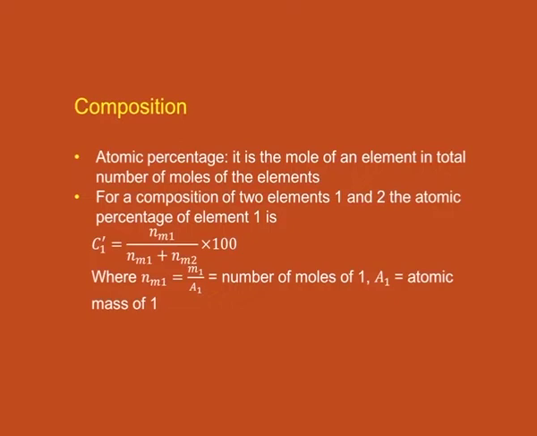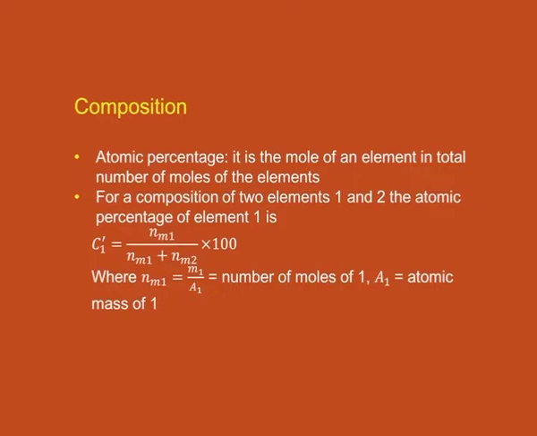If we have a composition of two elements, element 1 and element 2, and we want to find out the atomic percentage of element 1, then we can use the following formula, that is C1 prime is equal to n_m1 by n_m1 plus n_m2 into 100, where n_m1 is the number of moles of element 1, which is represented as m1 by A1, where A1 is the atomic mass of element 1.